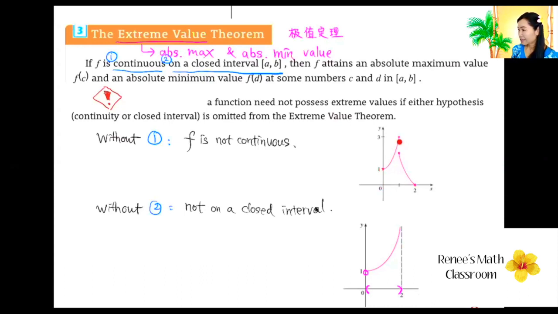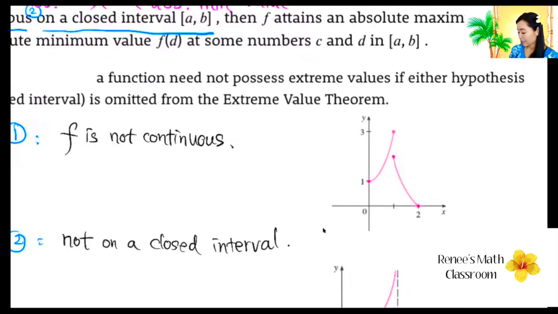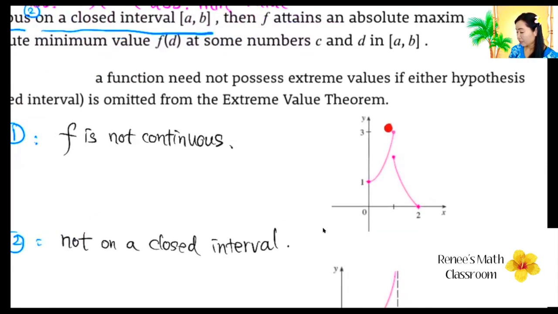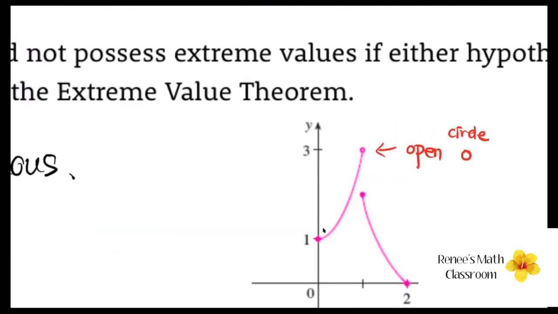Does it attain an absolute maximum? Well, notice that over here there is an open gap. This is an open circle, so the function is discontinuous at 1. This function has no absolute maximum. The function value can get really, really close to 3, but never attain 3, never reach 3.